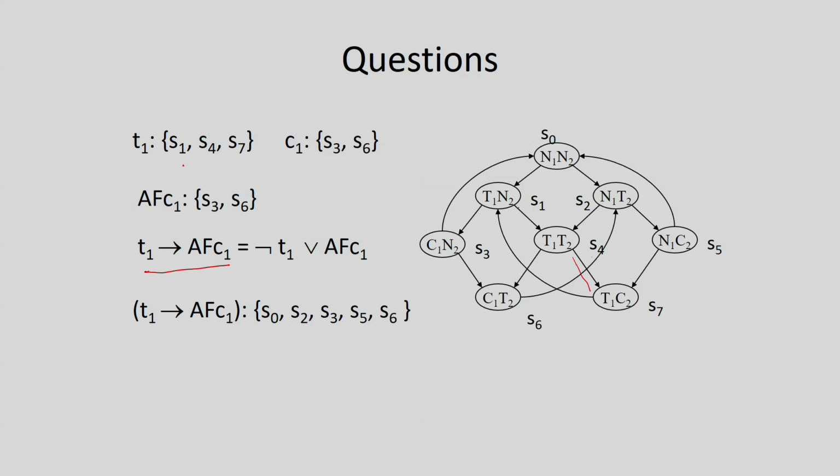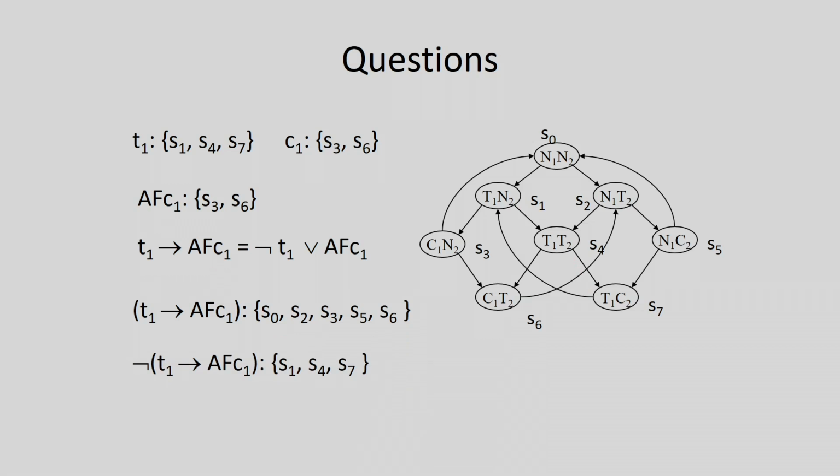That means apart from S1, S4 and S7, all the others will come: S0, S2, S3, S5 and S6. These are the states where T1 is not true. This union the set for AF C1, S3 and S6, which is already there. So these are the states where T1 implies AF C1 is true.